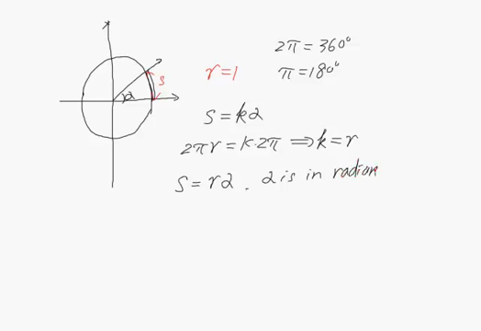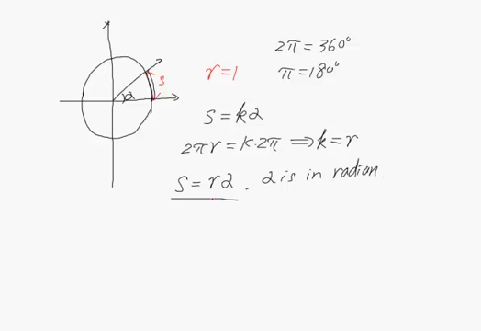You must measure this angle alpha in radian measure. So this is the formula for the length of the intercepted arc. That is just equal to the radius of the circle times the radian measure of the angle.